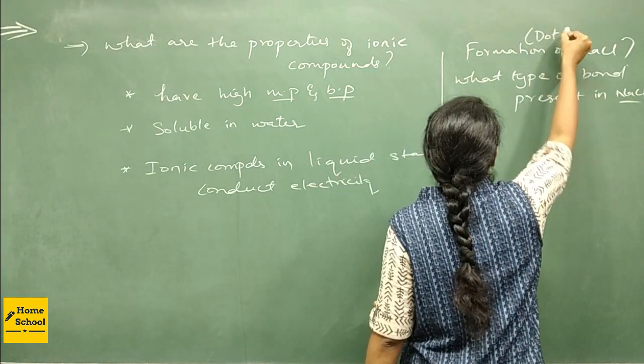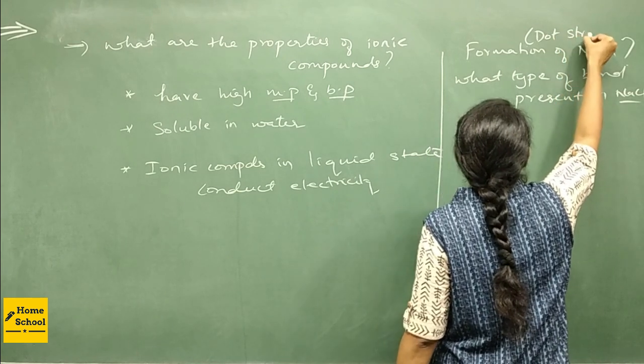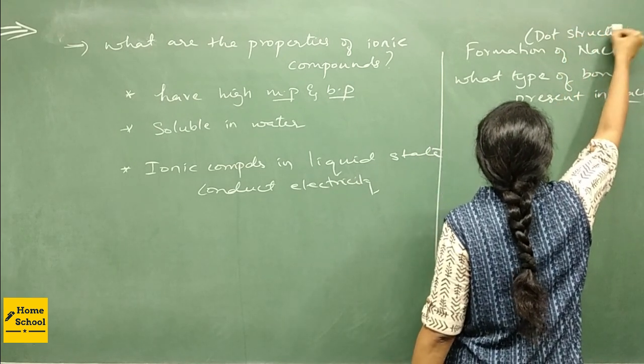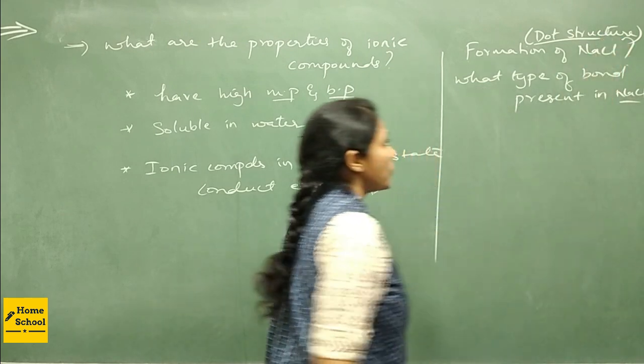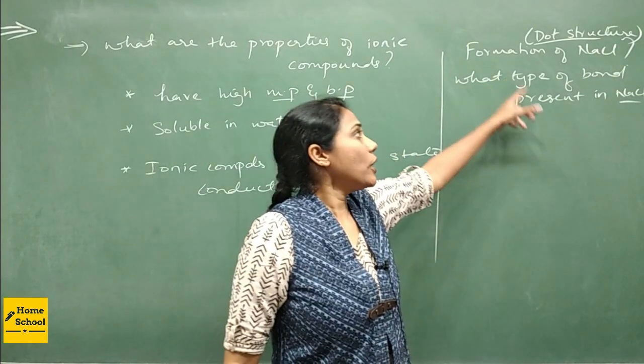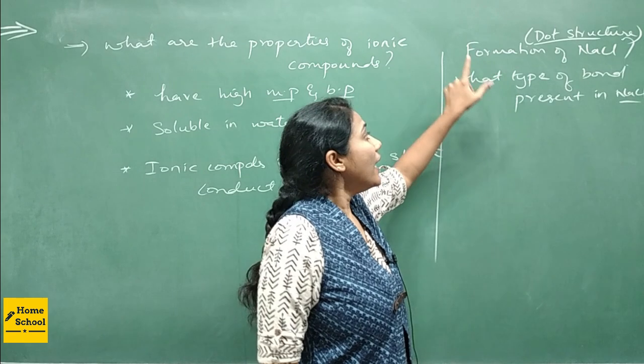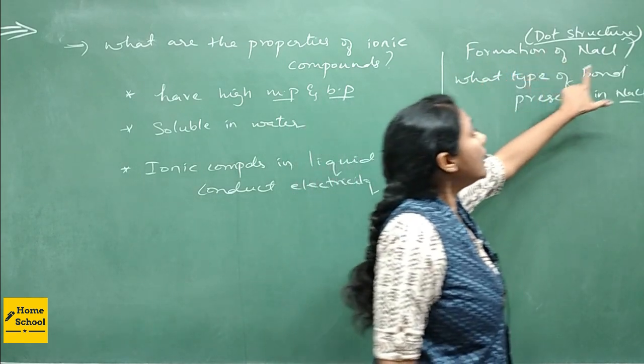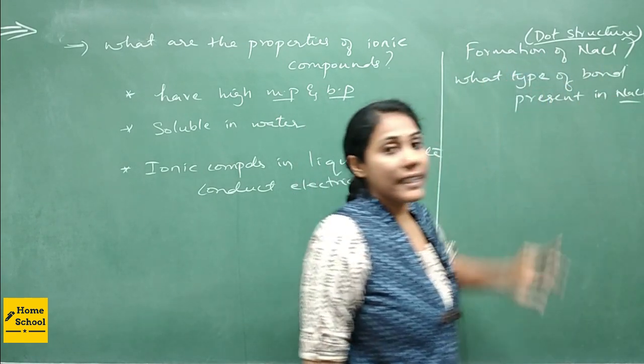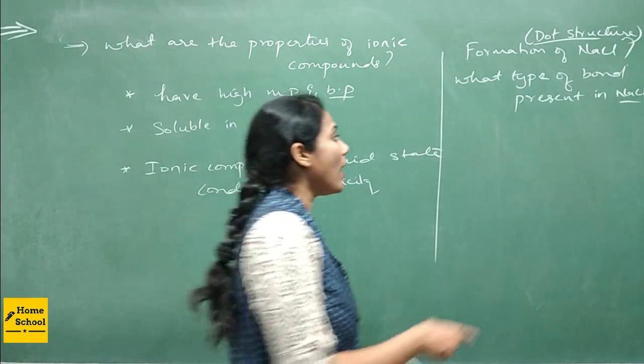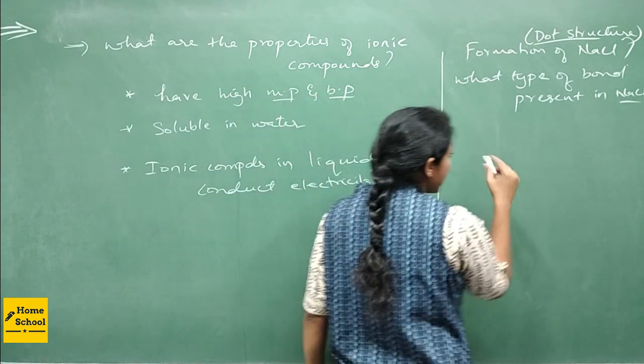So they will mention that with the help of dot structure, explain the formation of NaCl and also mention what type of bond present in NaCl. Okay, so how do you explain with the help of dot structure?